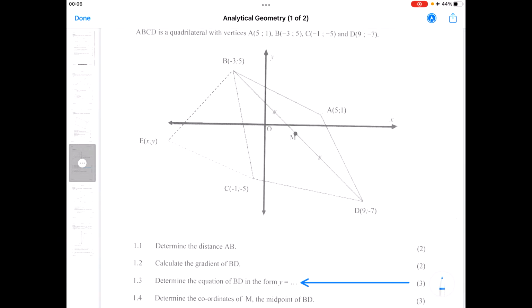So, 1.3: determine the equation of BD in the form y equals, and so on. Where are B and D? That same line BD. They want you to determine the equation of that line in that form. Obviously, it's a straight line, so it has to be in the form y equals mx plus c.